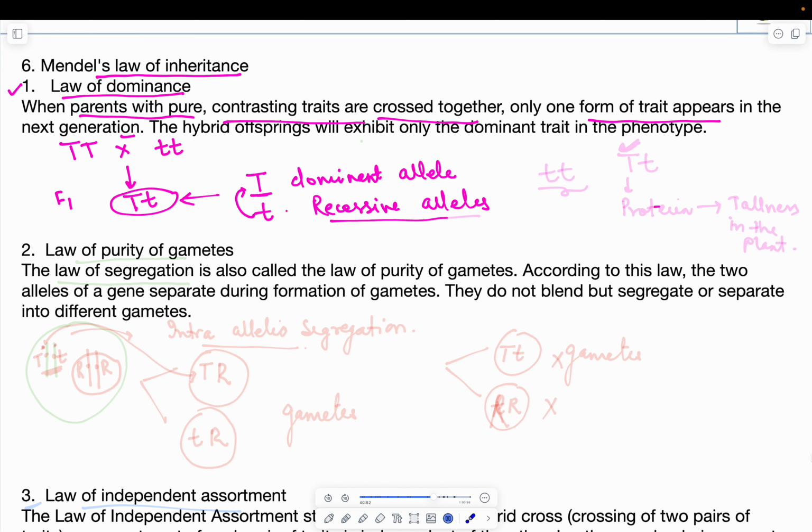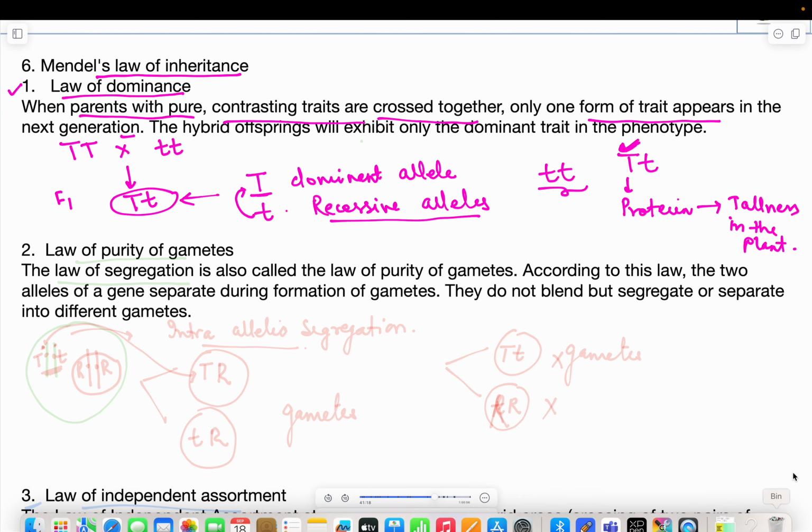Recessive alleles express only in the homozygous recessive state. So in the case of a hybrid, only the dominant allele will express. This allele will produce a sufficient amount of protein, which will be responsible for the tallness in the plant. So this is the law of dominance.